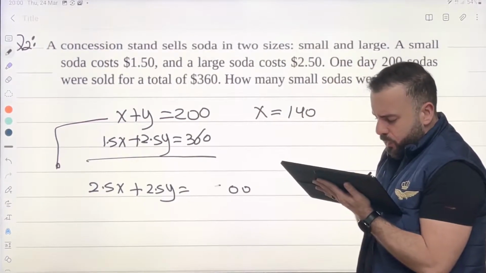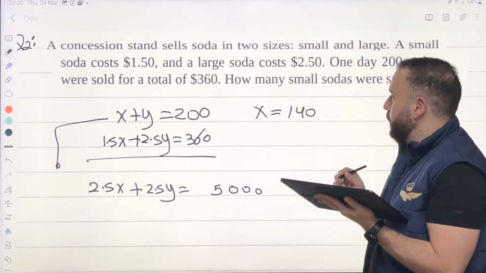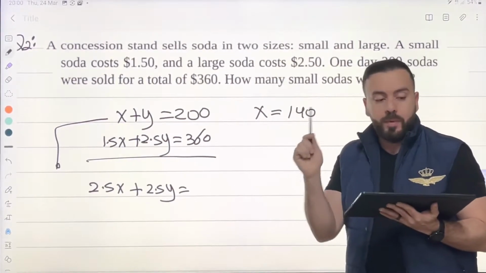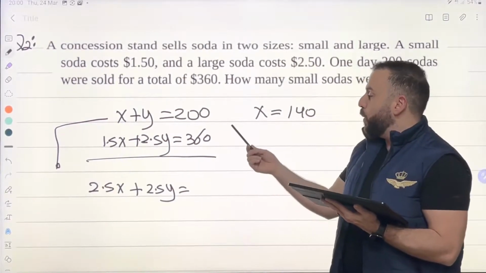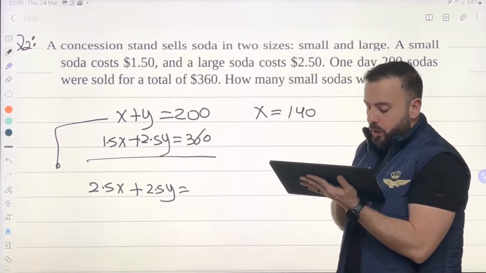That's going to be equal to 5, and at the end is going to be 5,000 so far, I believe so. Just let me check, 1 second. So 2.5 times 200, that's going to equal 500.